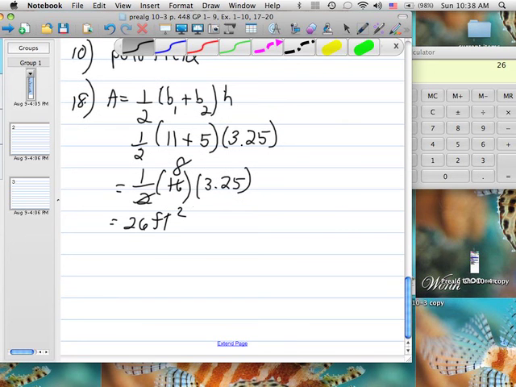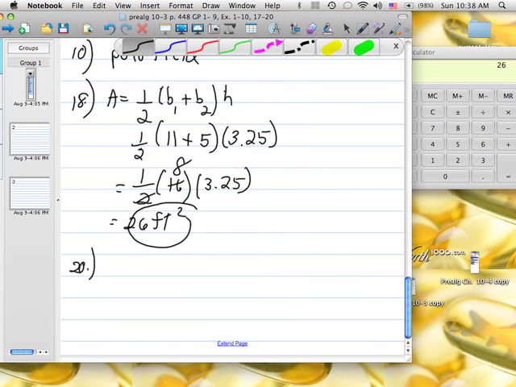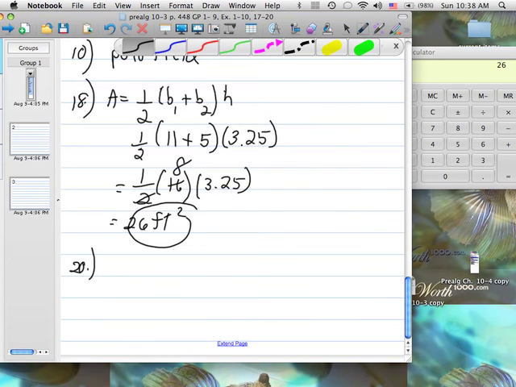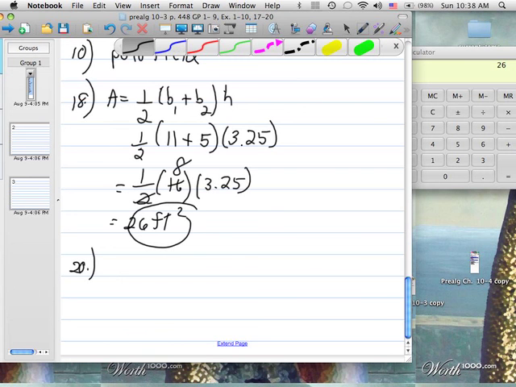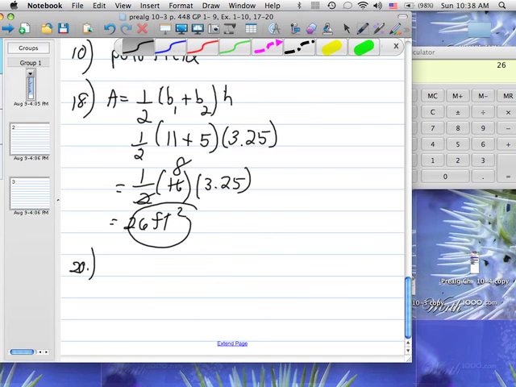And problem number 20. Wall-to-wall carpeting costs $28.50 per square yard, including installation. How much does it cost to carpet this room? Okay, the room that they're talking about is the family room, and it's 12 feet by 15 feet. So first we need to find the area.